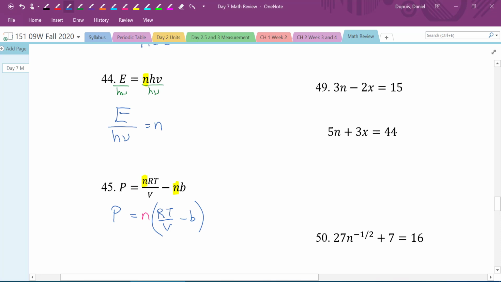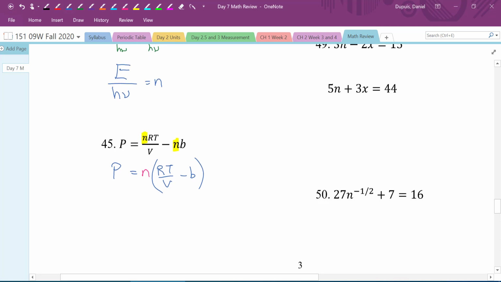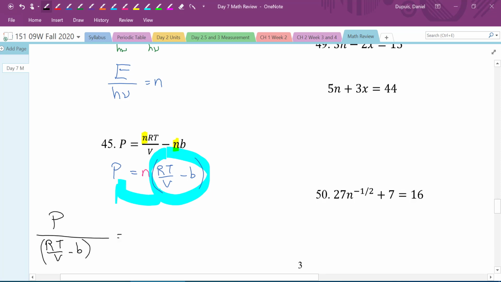Tricky, tricky. Then I'm going to divide by all this. All this is going to come over. So I'm going to get P over RT over V minus B equals n. And that's it. That's all it is.